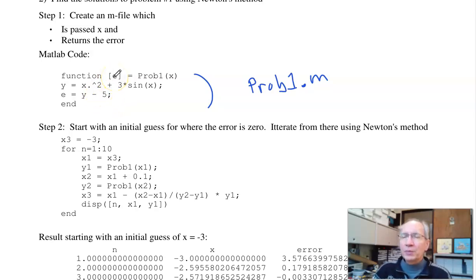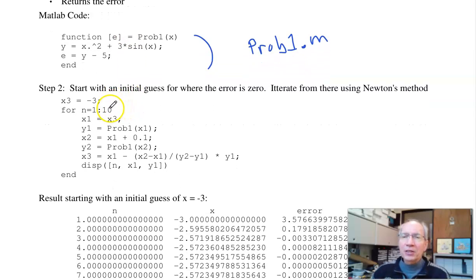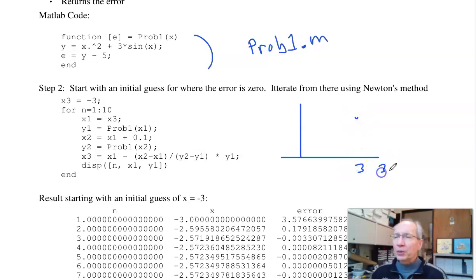I'll now use Newton's method to find the zero of the function, drive the error to 0. What that does is I first guess the answer, like 3. I'll find out what the error is at 3. I'll then perturb it by a small amount, like 0.1. Find out what the new value is at 3.1.